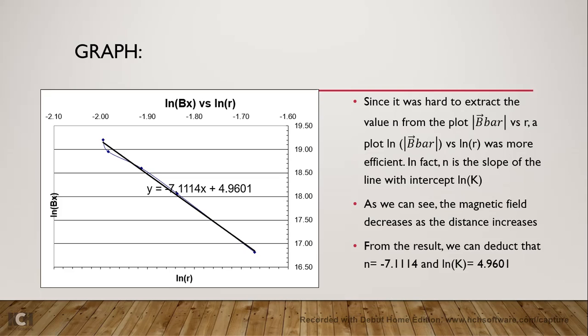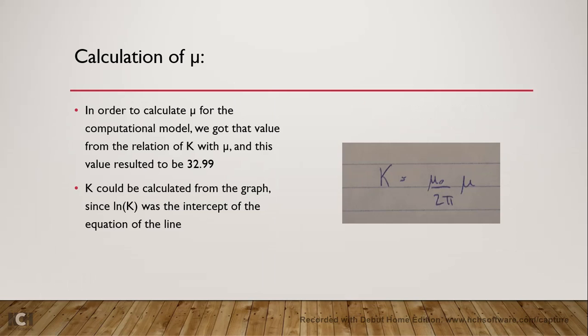As we can see, since it was hard to plot the magnitude of B bar versus the distance, we plot natural log of Bx versus natural log of the distance, and we find out that N is the slope of this line, so negative 0.71114, and ln of K is 4.9601, which is the intercept of the line.